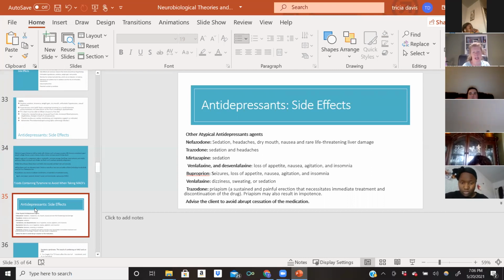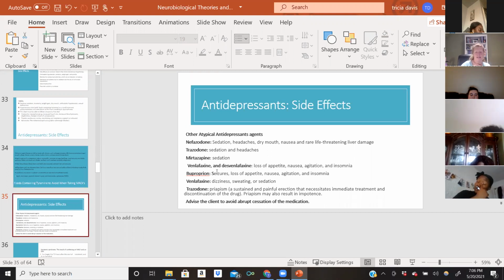So we see trazodone ordered a lot for patients that have trouble sleeping. We have mirtazapine, which is going to cause sedation. And then you have venlafaxine and desvenlafaxine, which is going to cause a loss of appetite, nausea, agitation, and insomnia.